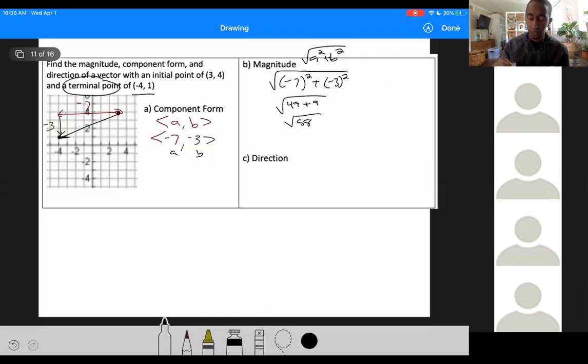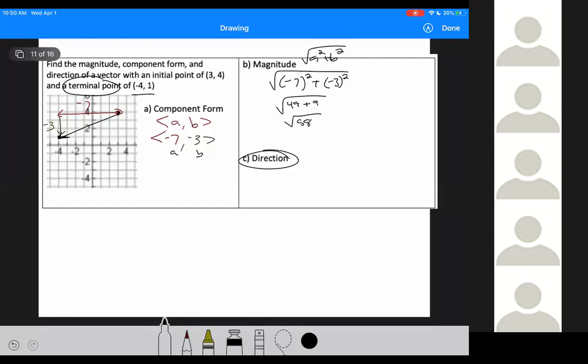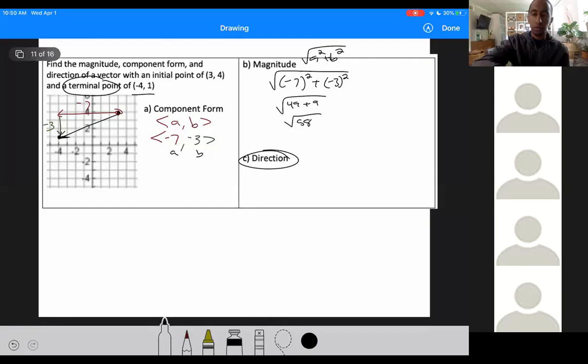All right. Direction. Let's do Jimena. Could you help us with direction? We would do the opposite over adjacent. Okay. Like the numbers.